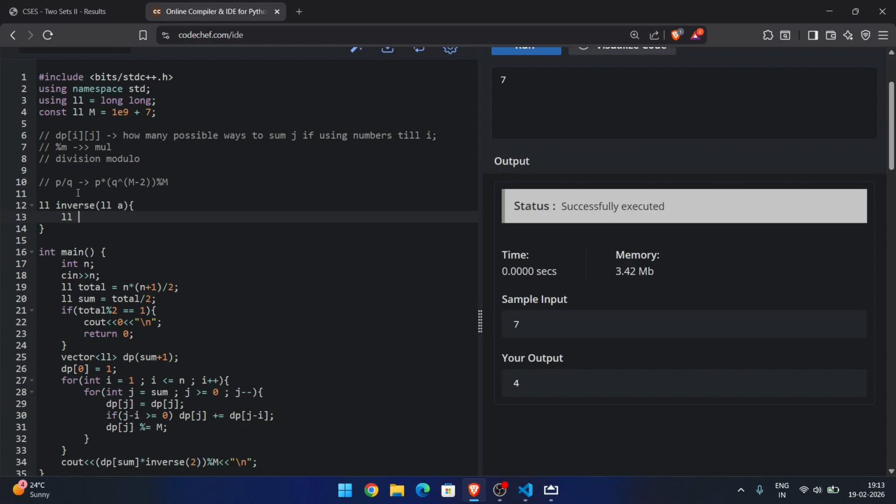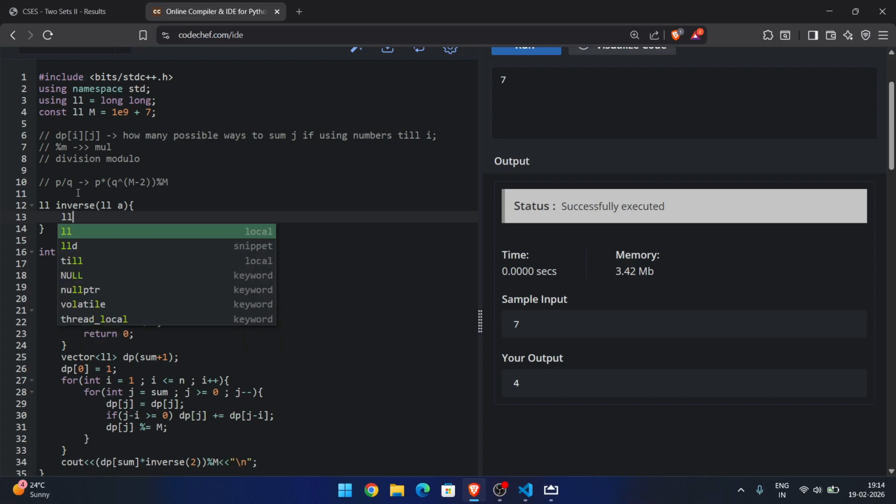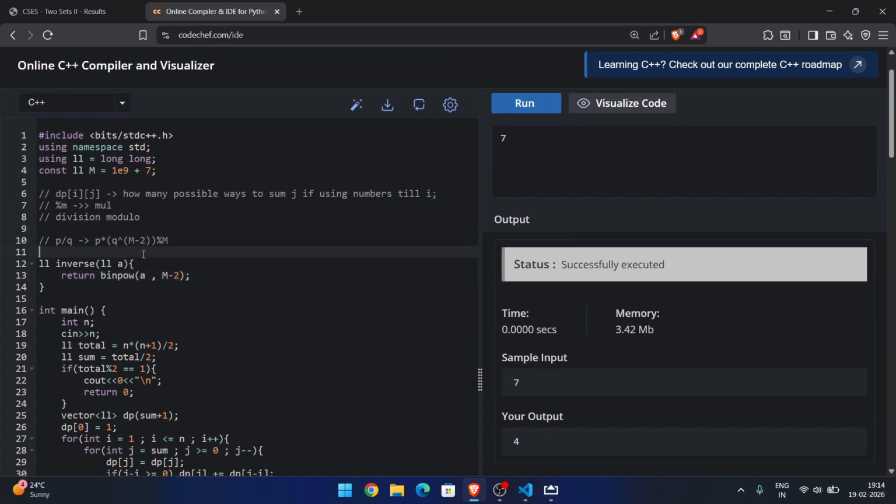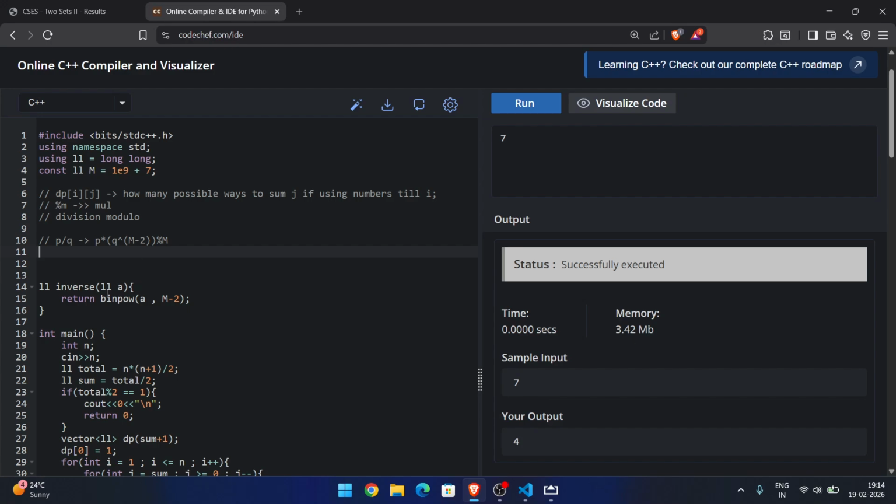Okay, so I hope you guys know the method for fast exponentiation, like fast binomial expansion.